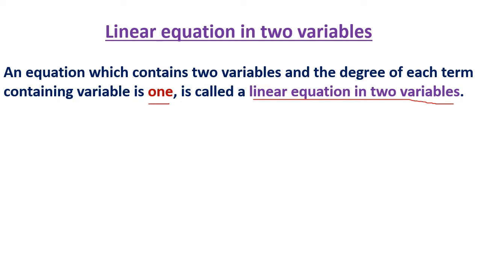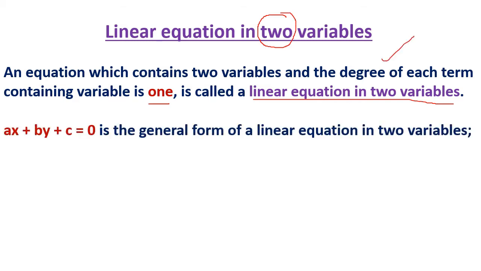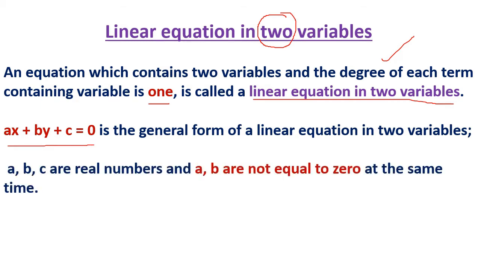The equation is linear, the peculiarity is two variables, and the same condition, the degree of each variable is maintained as 1. The most general form of such an equation is ax plus by plus c is equal to 0, which is familiar to you. And if you are writing an example, that also you know. And another important thing is, in this case of a, b, c, a and b are not equal to 0 at the same time.